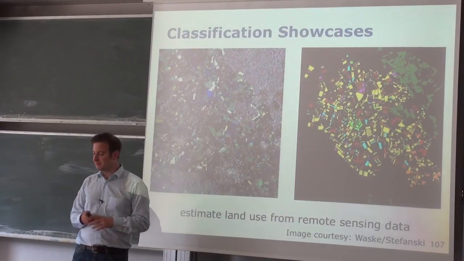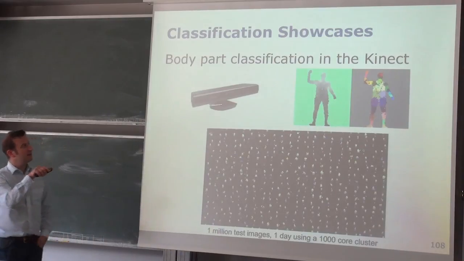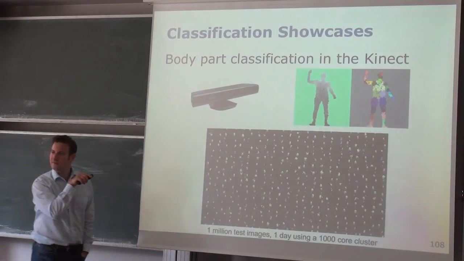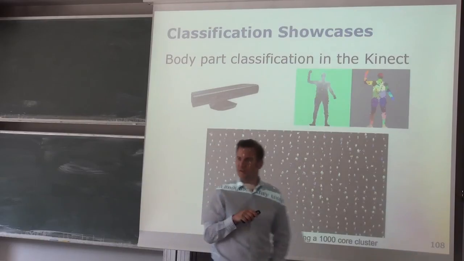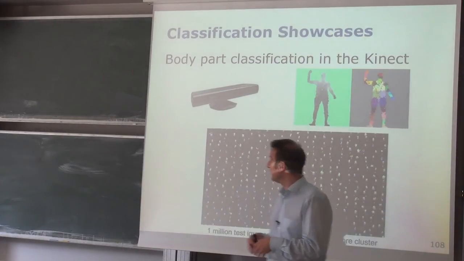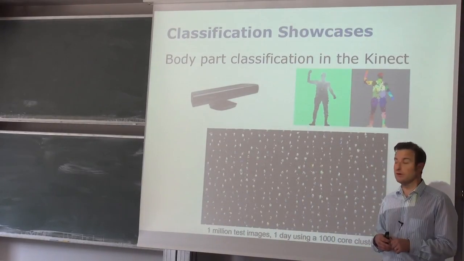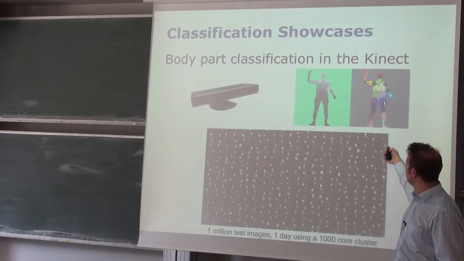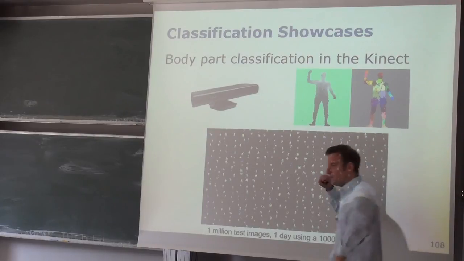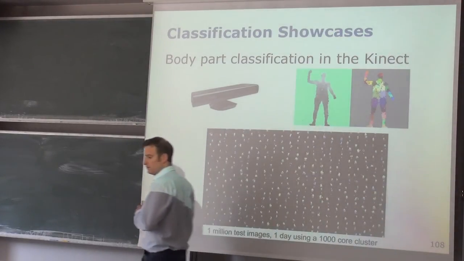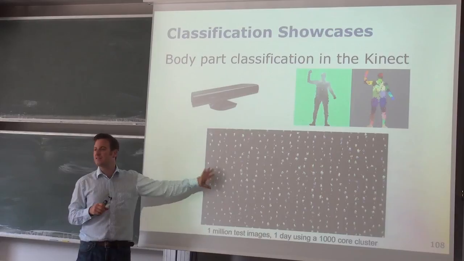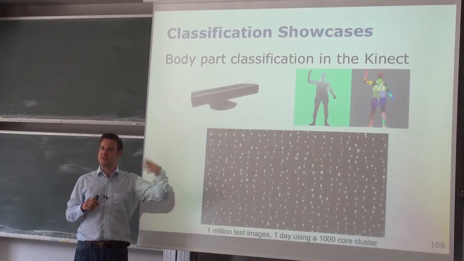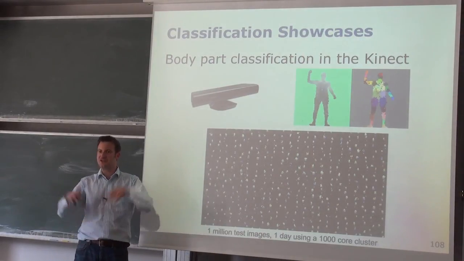Now we're moving to a completely different application. You may know the Kinect sensor you have over here. Some of you who have a Microsoft Xbox also know this sensor, which perceives you, and you can use your body as your game controller. What this approach does is classify this depth image into different body parts and use this to reconstruct your posture. It uses an advanced version of decision trees, so-called random forests, which is a large set of decision trees.